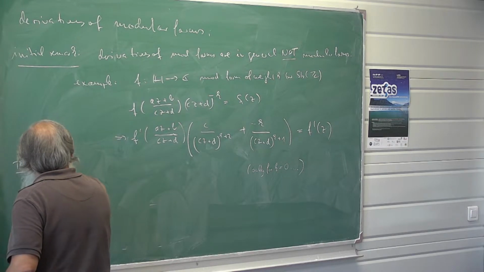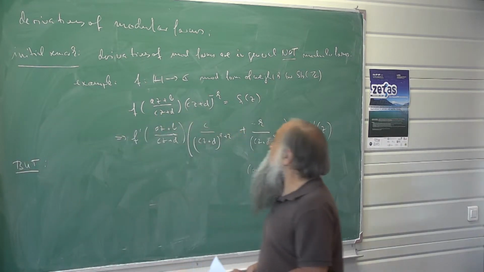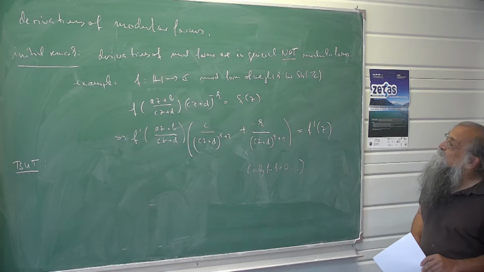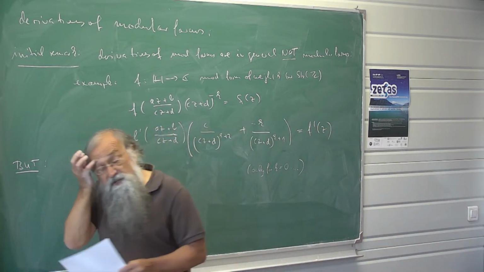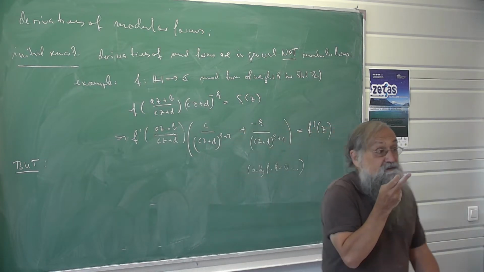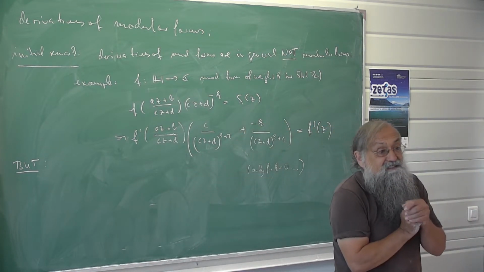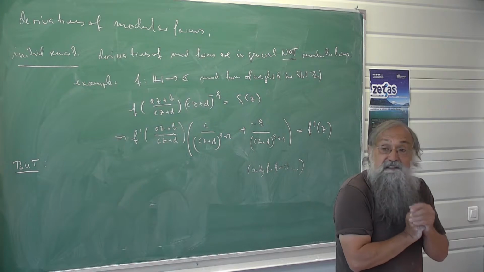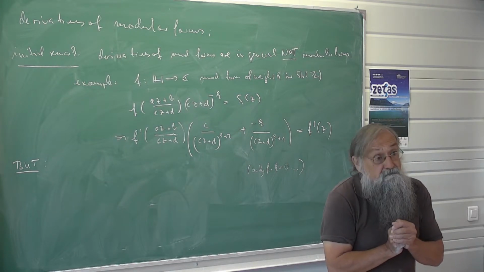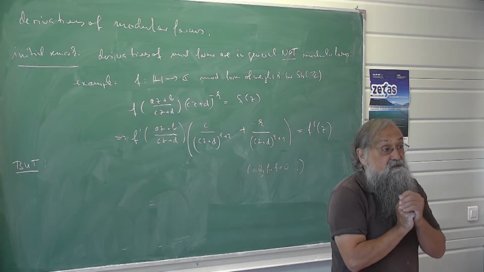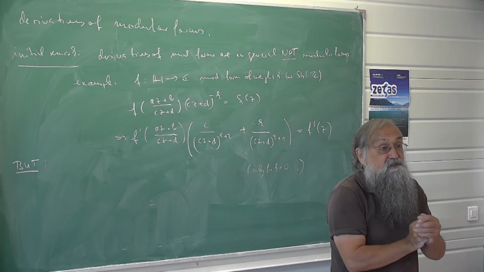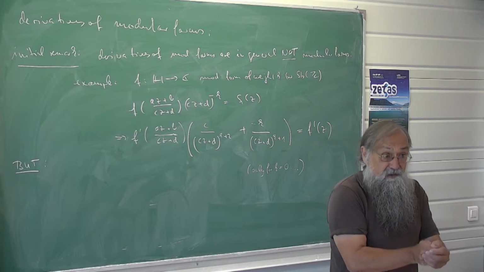But we can do the following. We take bilinear forms in derivatives. I should start by saying the following. What I'm saying about derivatives has nothing to do with the arithmetic group gamma. It will be completely independent of the group gamma. It will be something on the action of SP_n(R).